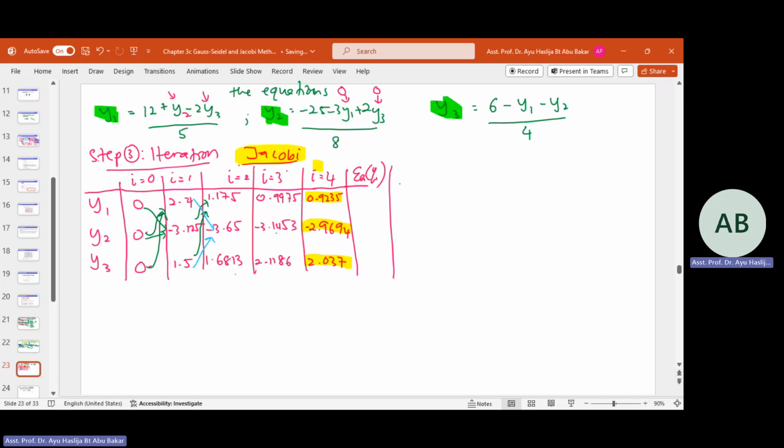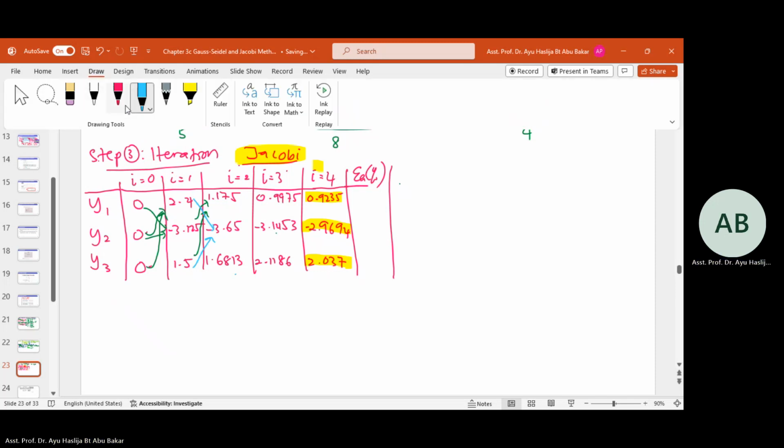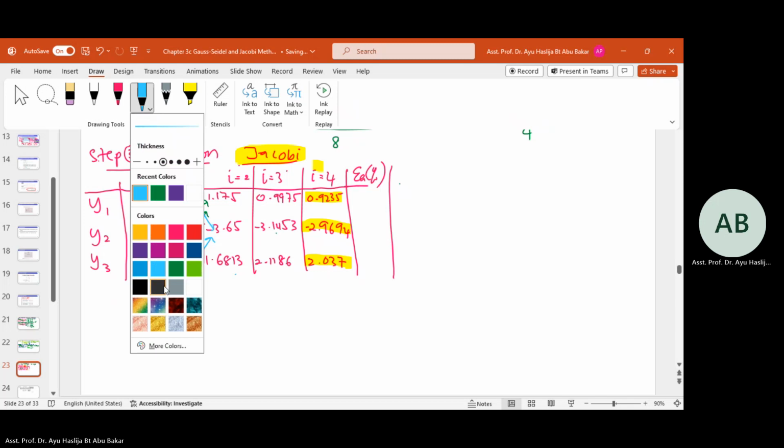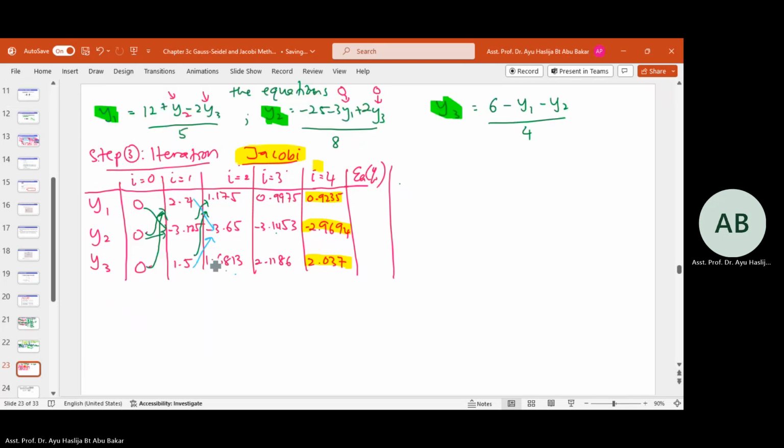Okay, Jacobi uses values from the previous column. To get Y3, you need to use Y2 and Y1 from the previous column.